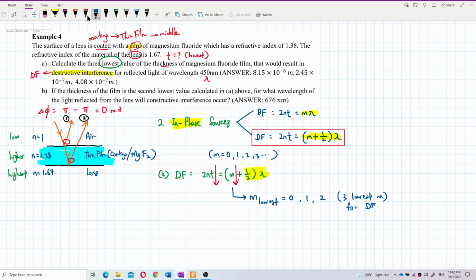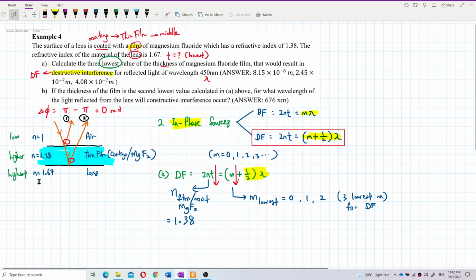This n value is the n of the film, or n of the coating, or n of the magnesium fluoride. Understand? Which is 1.38. Don't use the wrong one. Don't use the 1.67 of the lens.